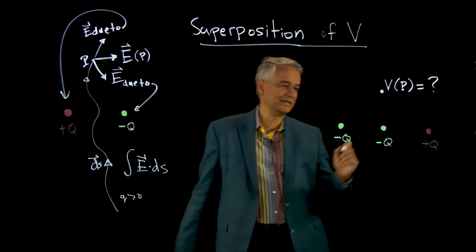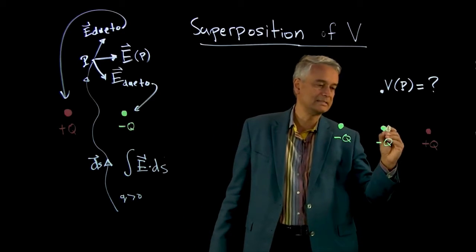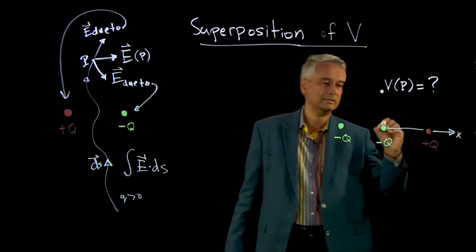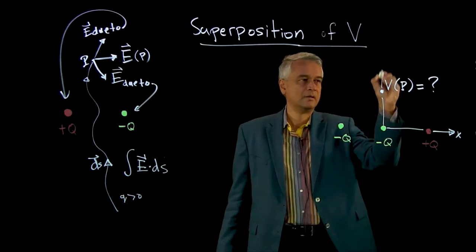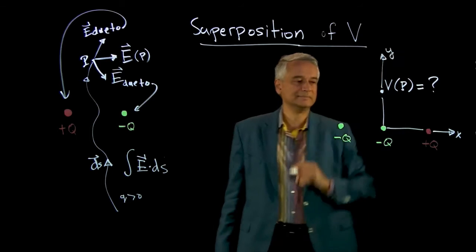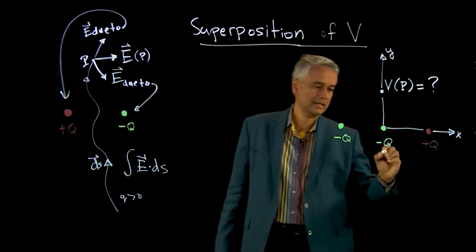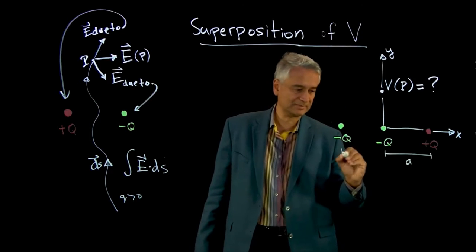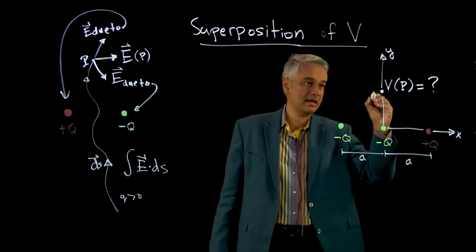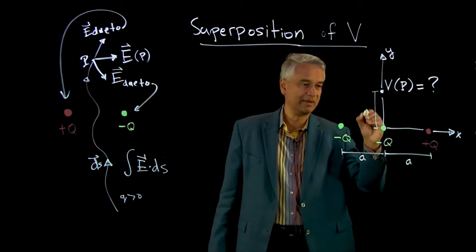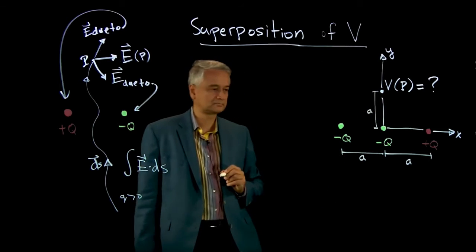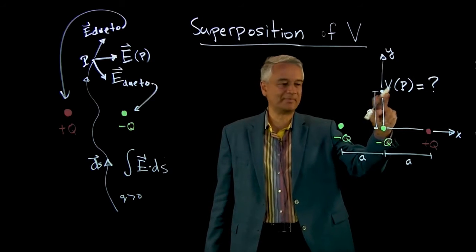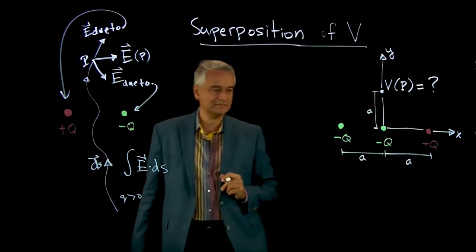So to do this, it's convenient to have axes, so let me draw my axes. Here's my x-axis. Here's my y-axis. And let's say that this distance is a, and for simplicity, I'm going to make this distance a, and for even further simplicity, I'll make this distance a also. And now I can sit down and calculate the electrostatic potential at the point P due to these three charges.